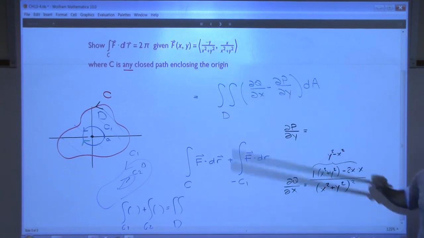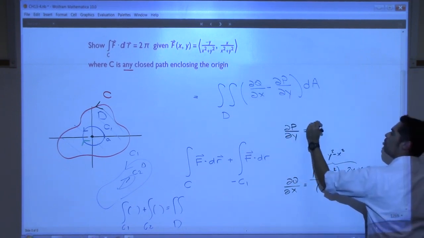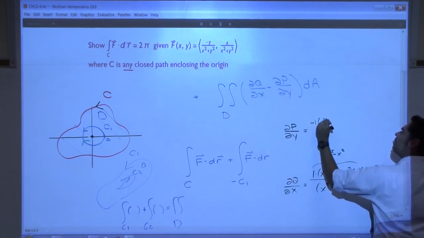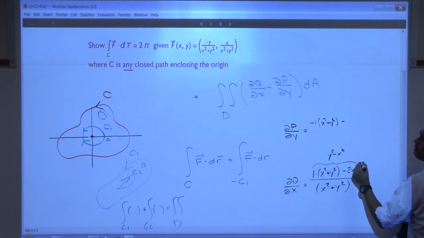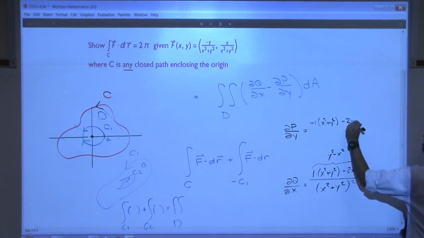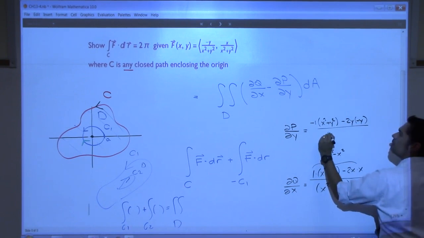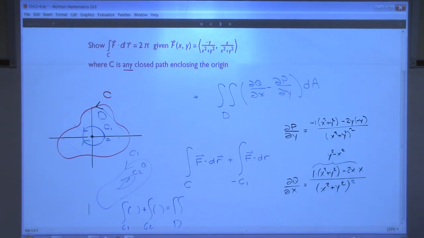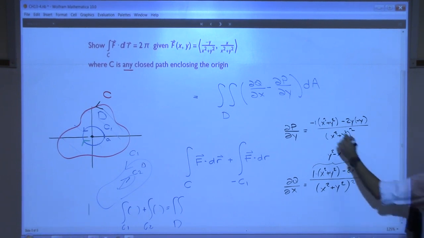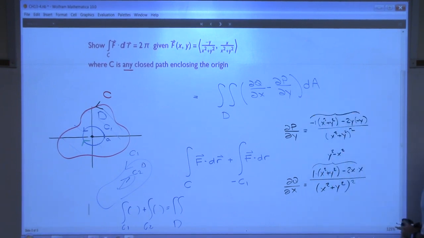So derivative of the top, -1 times the bottom, x squared plus y squared, minus the derivative of the bottom with respect to y, 2y, times the top, -y, over the bottom squared. And what does that top one turn into? Y squared minus x squared again.